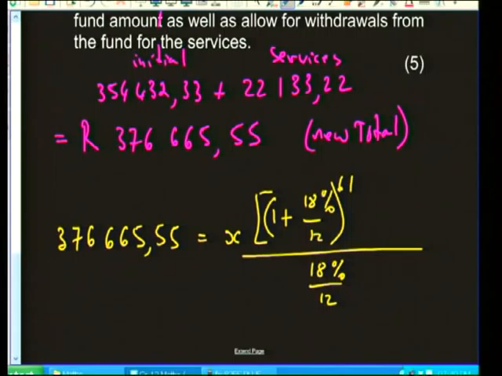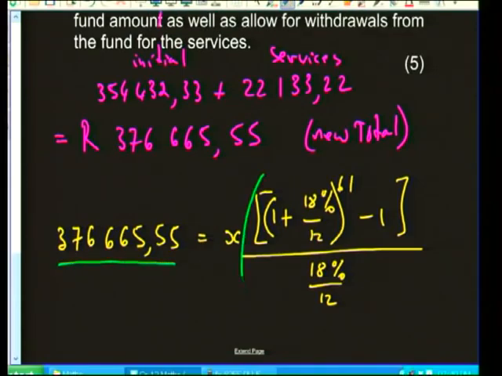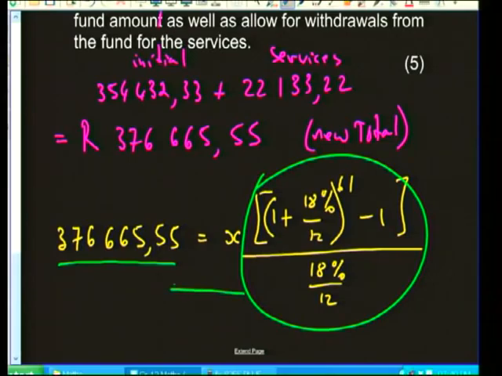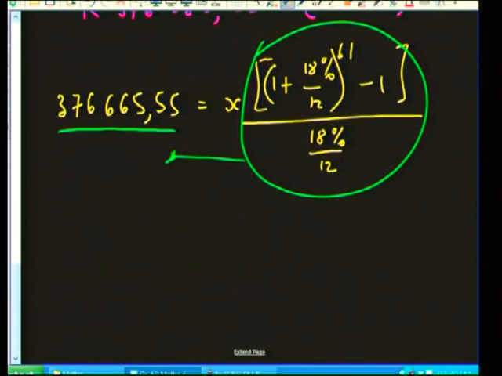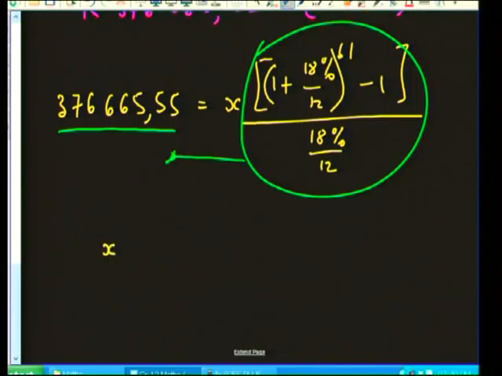Remember, we discussed the 61 a while ago. And what I'm going to do is take this value over here and divide it by that value over there, just using the incredible power of our calculator. And X is going to come to 3,817 Rand and 90 cents.